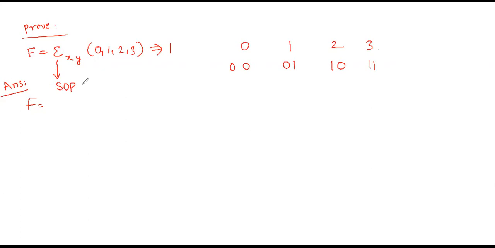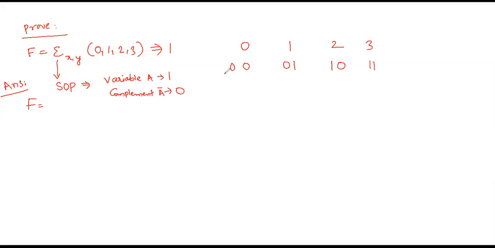First, write down the mathematical form equation as an expression. In SOP, a variable A is indicated with 1, and its complement A bar is indicated with 0. Here we have two variables x, y.